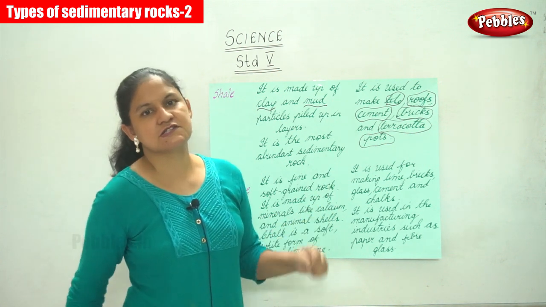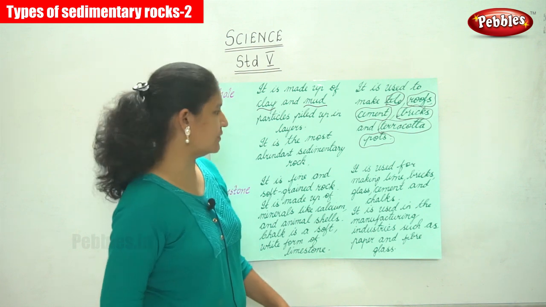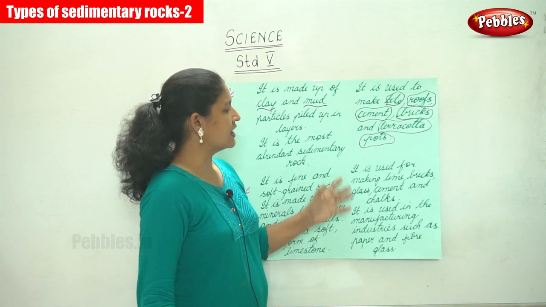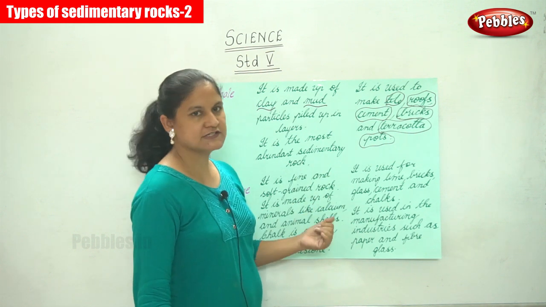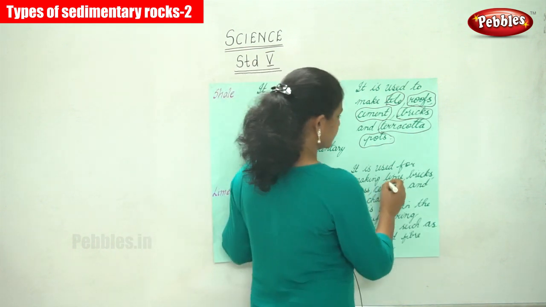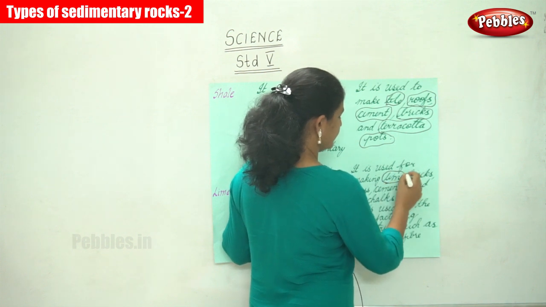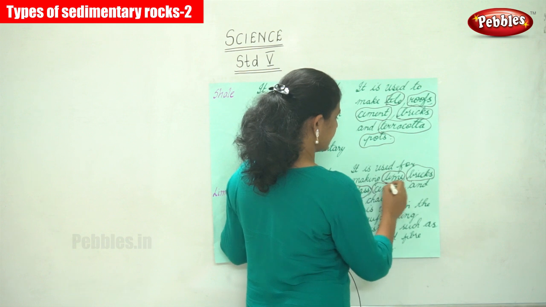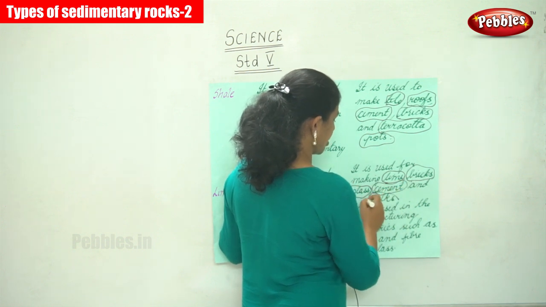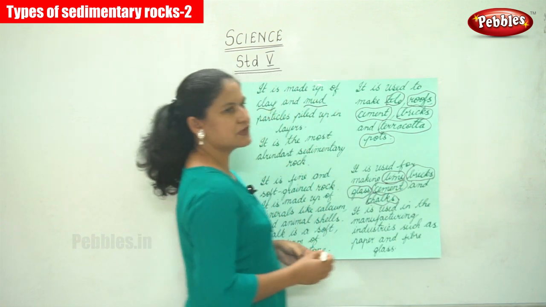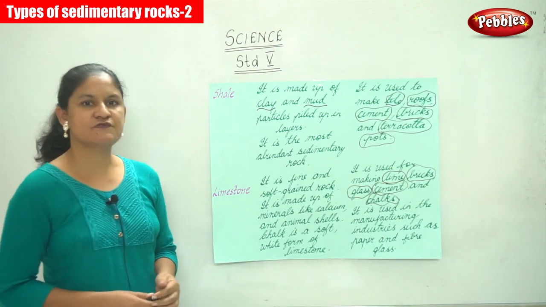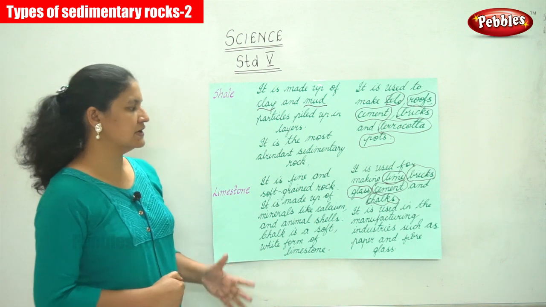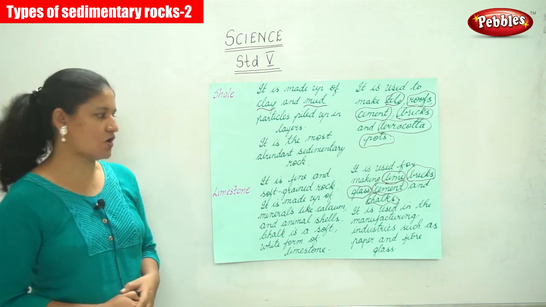What are the uses of the limestone? Limestone is used for making lime, bricks. So we see that it is used for making lime, bricks, glass, cement and chalk. So the uses of the limestone, it is used for making lime, cement, bricks, glass and chalks.